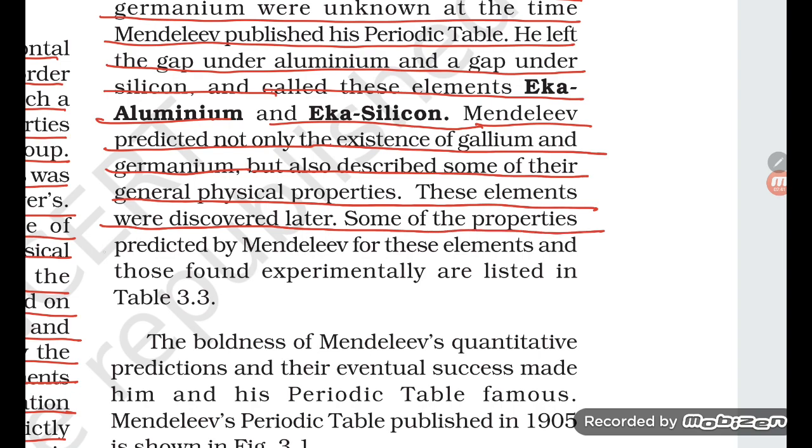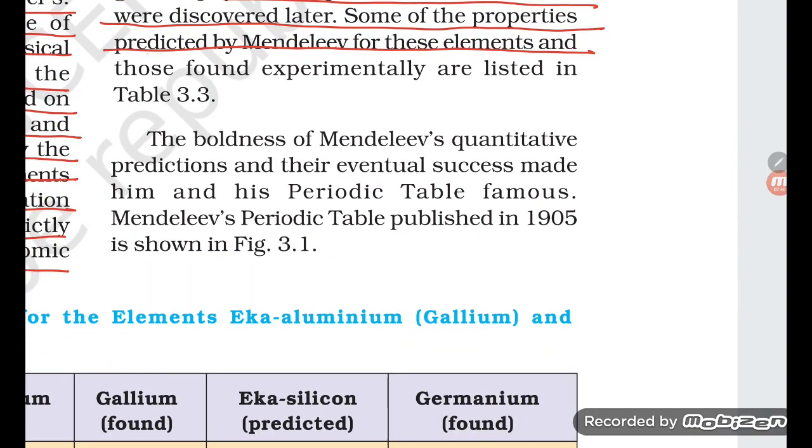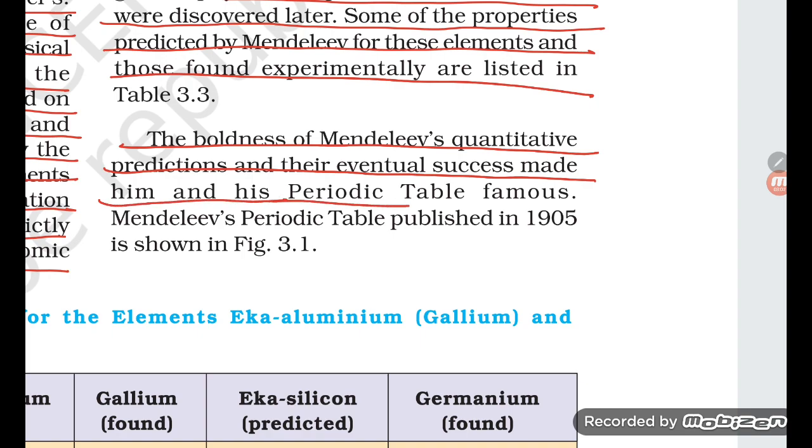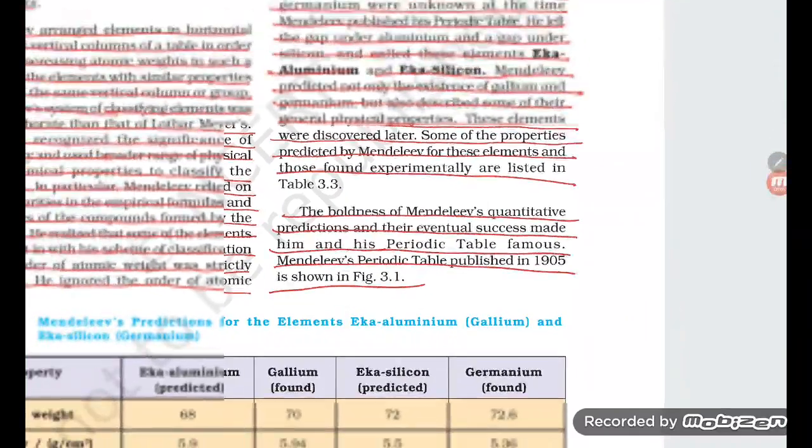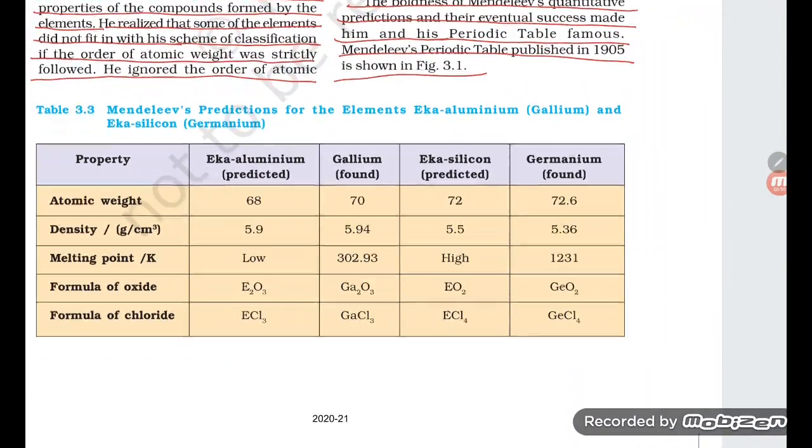Some of the properties predicted by Mendeleev for these elements, and those found experimentally, are listed in Table 3.3. The boldness of Mendeleev's quantitative predictions and their eventual success made him and his periodic table famous. Mendeleev's periodic table published in 1905 is shown in Figure 3.1.